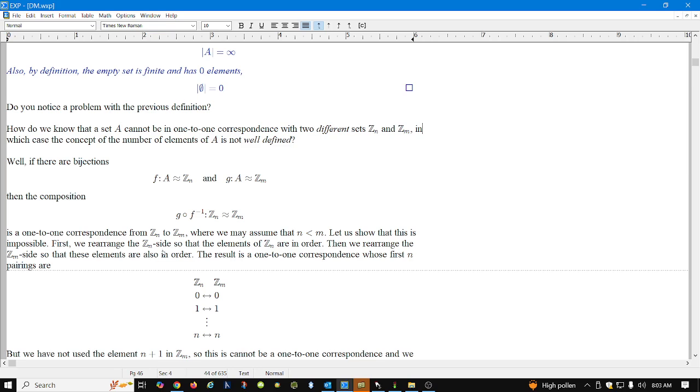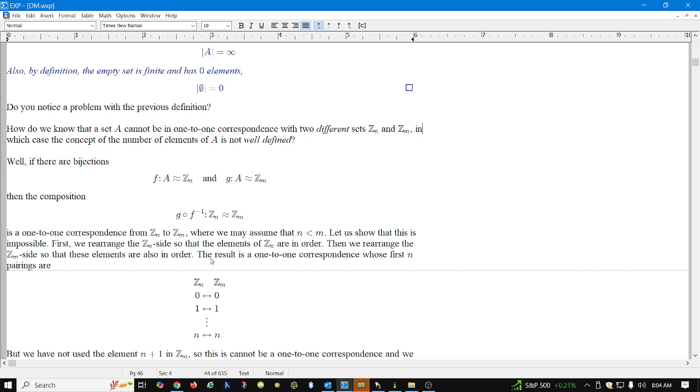First, rearrange, if necessary, the Zn side so that those elements appear in order. And quite frankly, you have the right to ask me, what do you mean by order? Because we haven't discussed that. But we'll stretch a point here and say that the order is 0 followed by 1 followed by 2 and so on up to n.